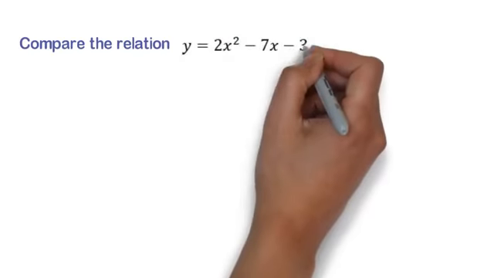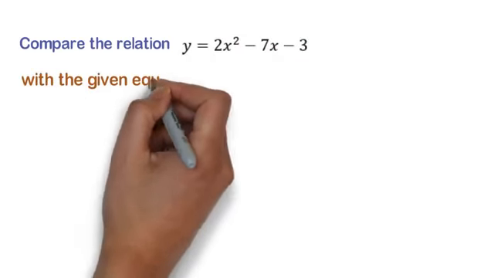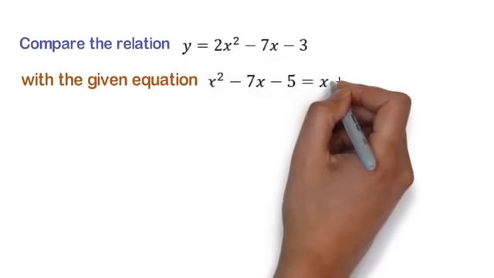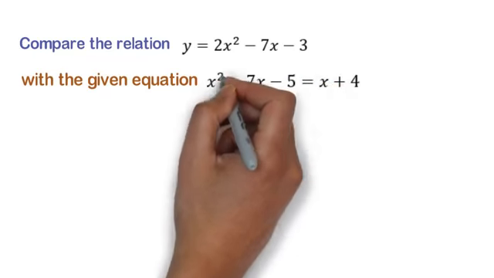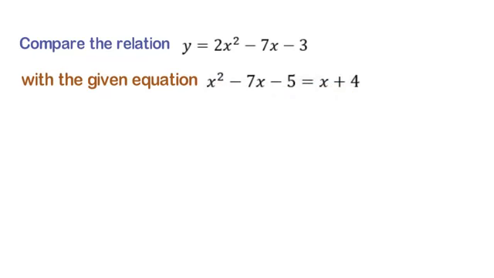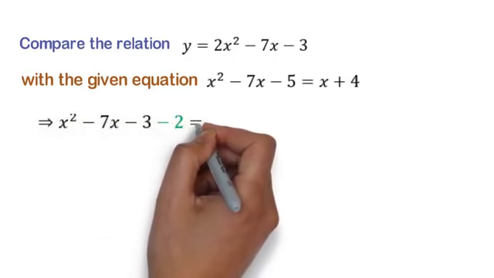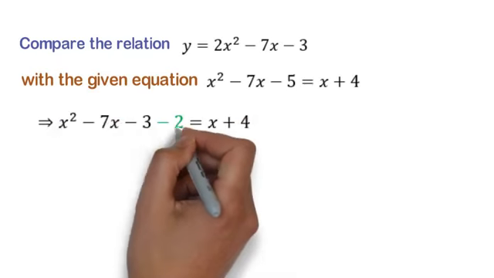By so doing, we have to sever. The only difference there is in the relation we have 2x squared minus 7x minus 3, but in the equation left hand side we have 2x squared minus 7x minus 5. So that minus 5 we split into two by bringing out minus 3, it will remain minus 2.